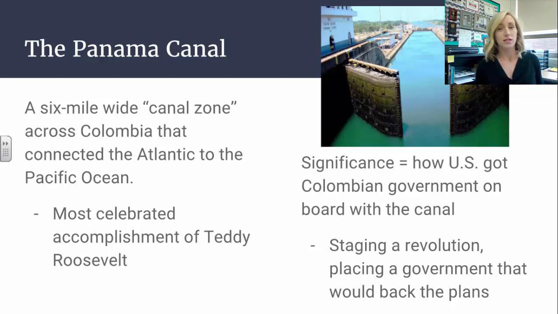So Teddy Roosevelt was essentially able to stage a revolution and placed a government in Colombia that then backed the plans for the Panama Canal. Example of an imperialist action of the United States. Very similar to staging a revolution in Hawaii, and then kind of our dealings in Cuba as well.